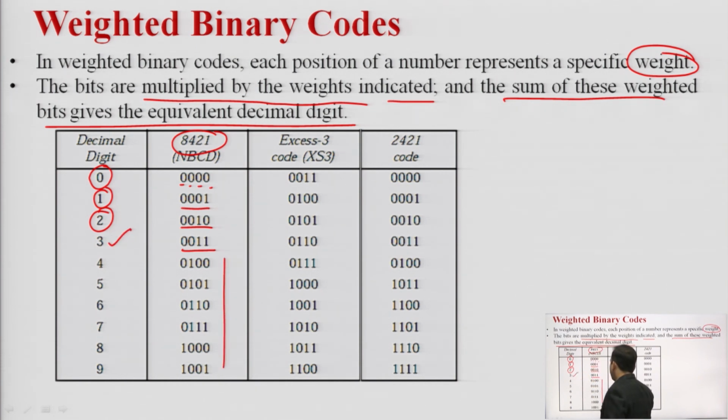Similarly, we can see for 4, 5, 6, 7, 8, 9. Since it is decimal, we are going from 0 to 9. So this is the 8421 code, a weighted code. We will see what the 2421 and excess-3 codes are; these are not weighted codes.